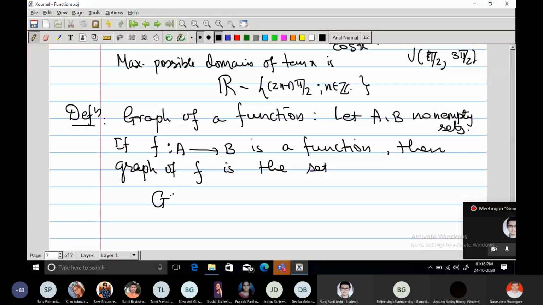G_f, and what is it? The pairs (x, y) such that y is the value of the function at x, and x is in the domain. You choose x in the domain, calculate the value of the function at that point, and look at the point (x, y), and collect all such points.